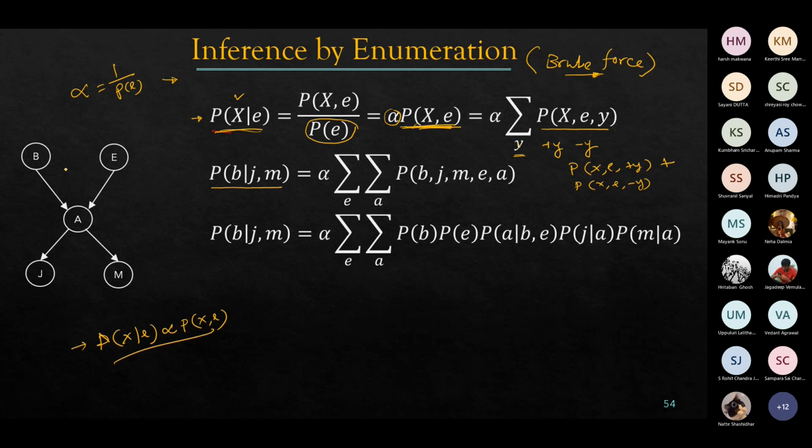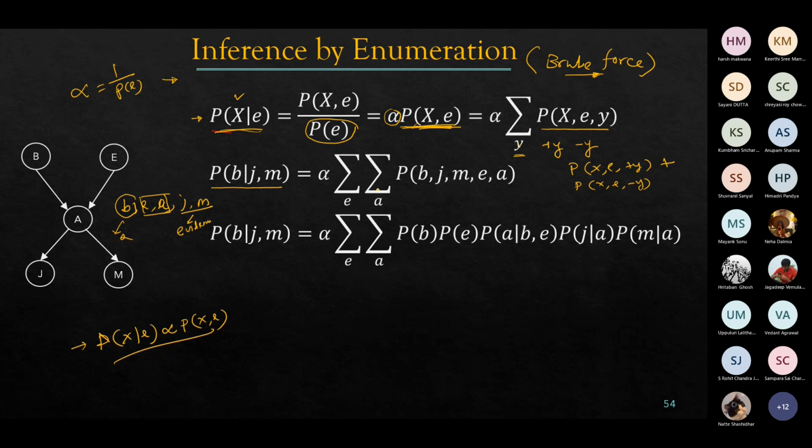How many variables are there? We have 5 variables: B, E, A, J, M, right? Out of this, B is the query variable, and J and M are our evidence variables. The hidden variables are E and A.